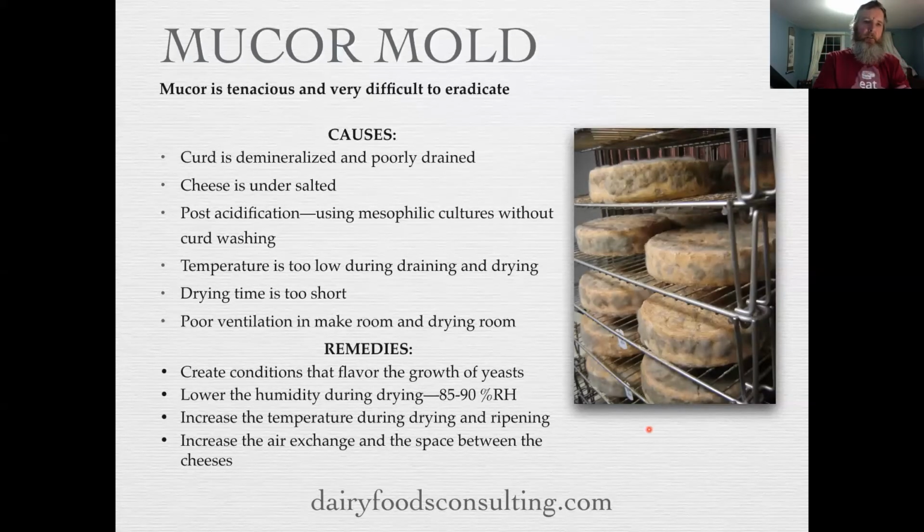I've dealt with it a lot in my career, and definitely cheeses that are more acidic and have higher moisture than you would want are going to be good candidates for mucor growth. Mucor also doesn't like above 1% salt, so it can grow in on cheese before salting.